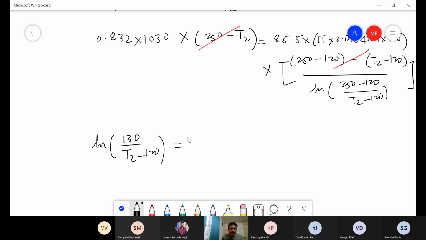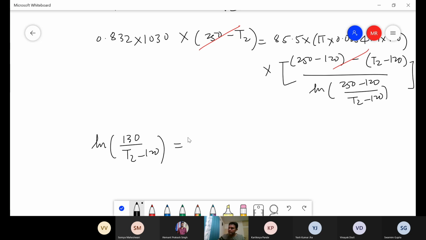Let me just calculate it. So it becomes 0.832 into 1030 inverse, multiplied by 85.5 into 3.14 into 0.0254 into 120.